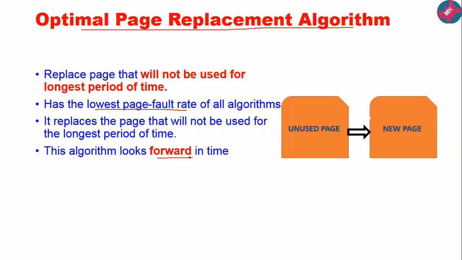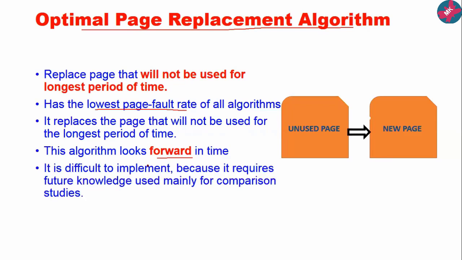I'll explain with an example so that you will understand how it looks forward in time. Since it looks forward in time, it is very difficult to implement because you require future knowledge, isn't it? You need to know which pages are going to be required in the future. So even though it has the lowest page fault rate, it is difficult to implement, right?